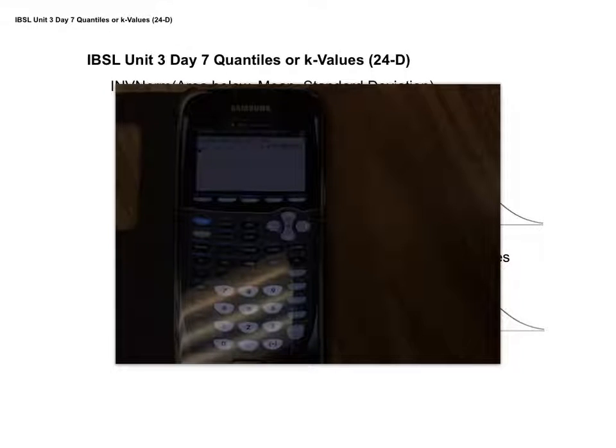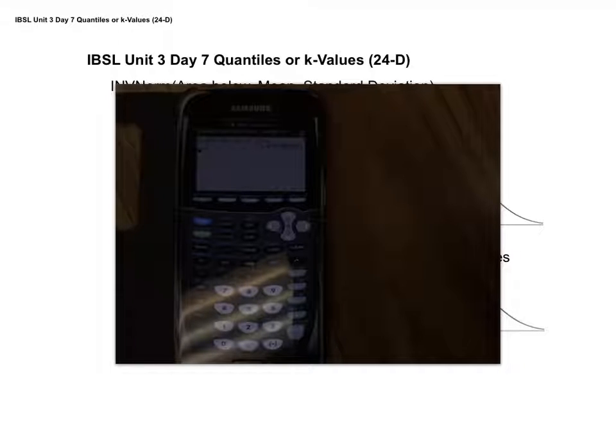If you have the 84, it brings up the little menu here, the 0.63, the 7, the 1.5, and you just enter those and hit paste. Notice if you have the 83, this is what's going to show up for you.